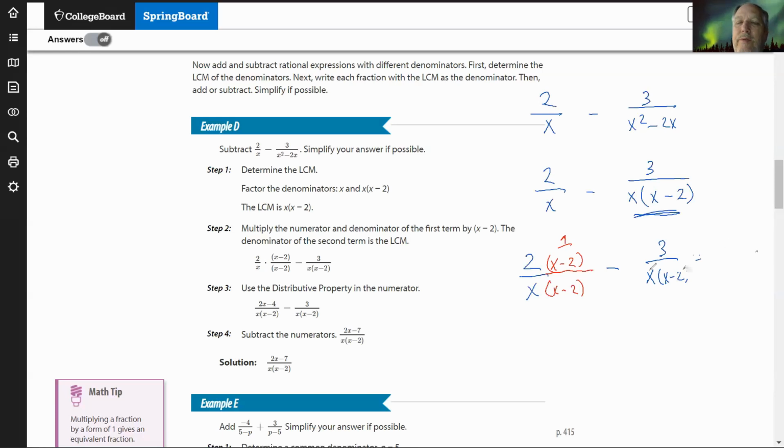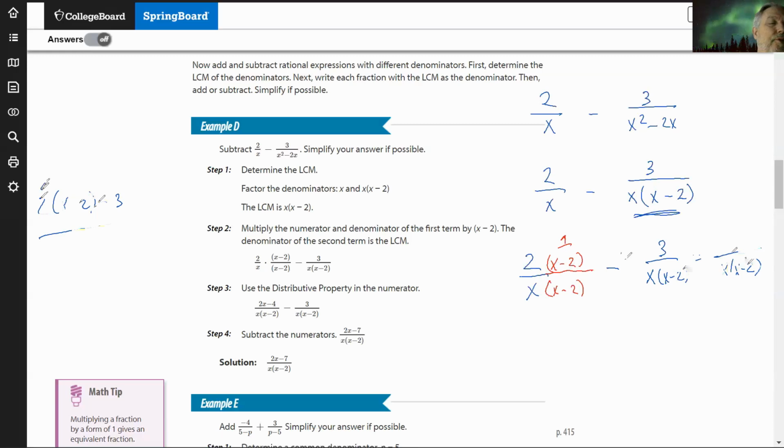Of course, now as we do the work, we know our answer is going to be x times x minus 2. But now we have to think about how we can combine the tops. We can think of this as a problem we might have done in the past, where it was 2 times x minus 2 minus 3. In this case, what we would have done, of course, is the distributive property first.